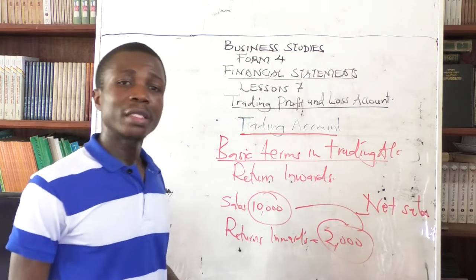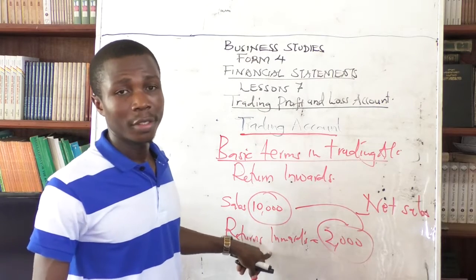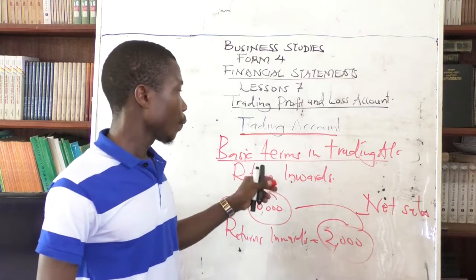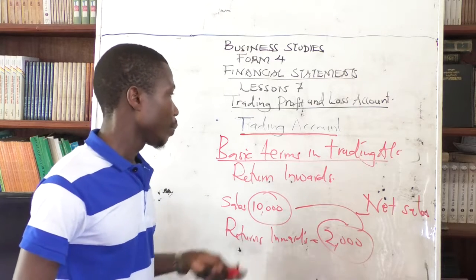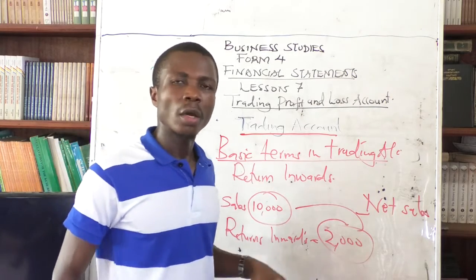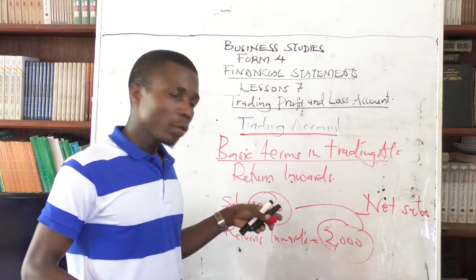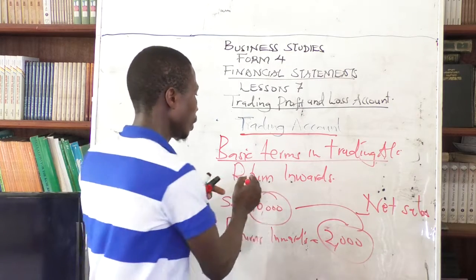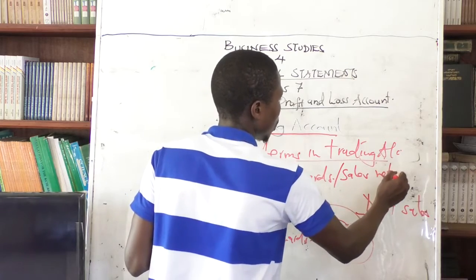So when you are preparing a trading account, wherever there is sales, you ensure that if there is a return, you subtract it. Understanding this basic term is very important, because if you don't understand it, you will make a mistake in the preparation of the trading account. So any return inwards are always subtracted from the total sales. There is also another name for this: sales return.